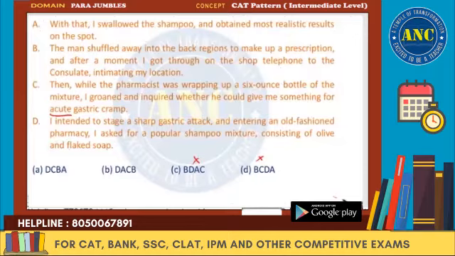So once he got the job done, he swallowed the shampoo that was given to him by the pharmacist. You see that he was wrapping a bottle. So while this guy is inside the pharmacy, he took the shampoo, swallowed it, and obtained the most realistic results of the gastric cramp that he could possibly have. So the answer is D, C, then B, followed by A.